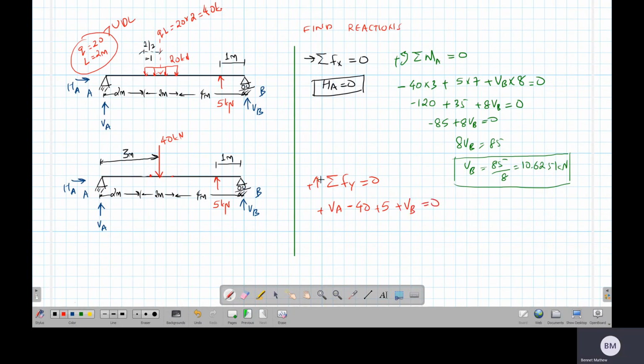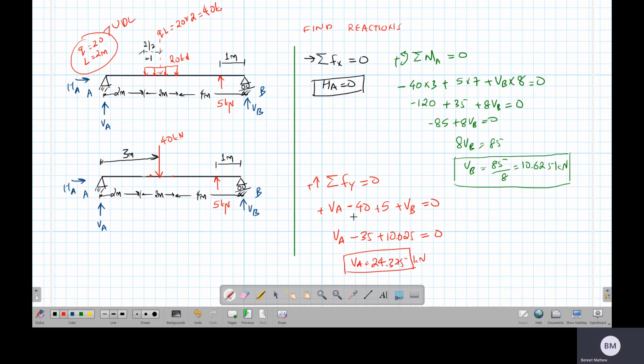Equal to 0. Summation of all forces should be equal to 0. Okay. So we will substitute the value of VB here. So VA minus 35 plus 10.625 equal to 0. So 35 minus 10.625, it is 24.375. So that means VA equal to 24.375 kilonewton.